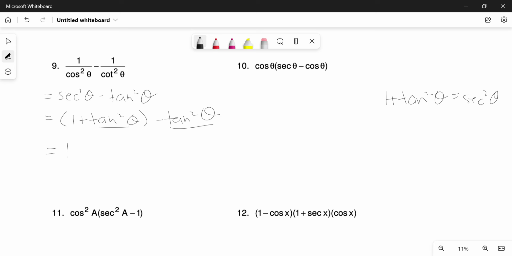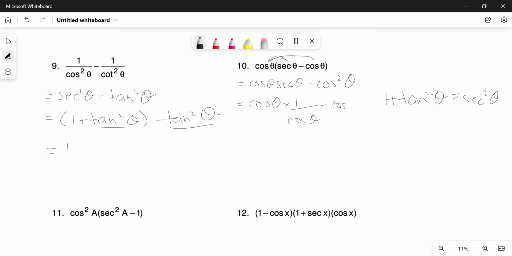So number 10, if we multiply cos times sec and then cos times minus cos. Okay, we'll do that first. So we have cos theta sec theta minus cos times cos, which is cos squared theta. Now remember sec theta is 1 on cos theta.